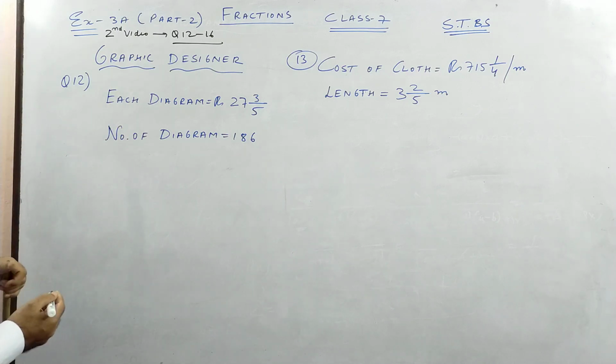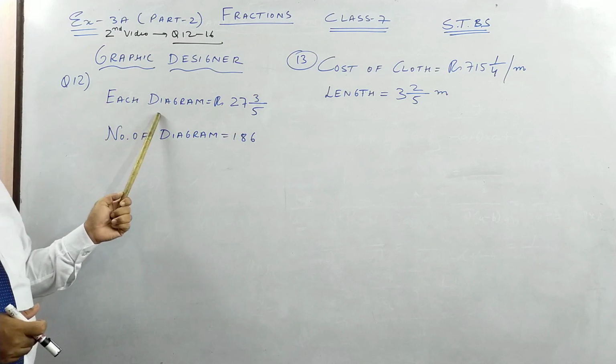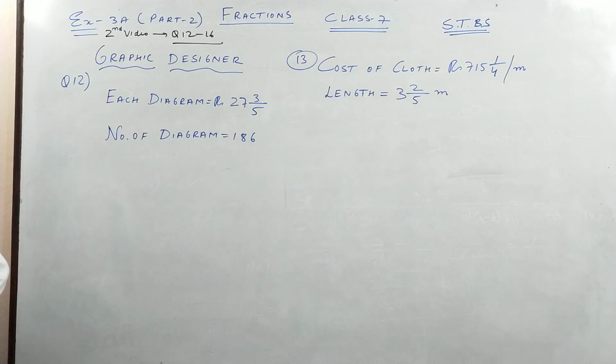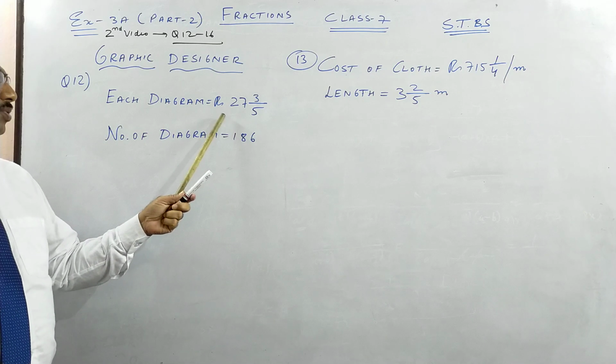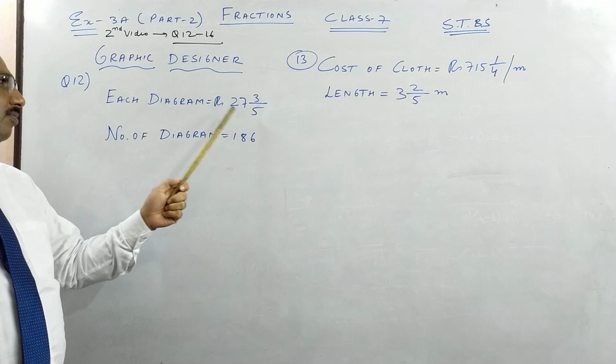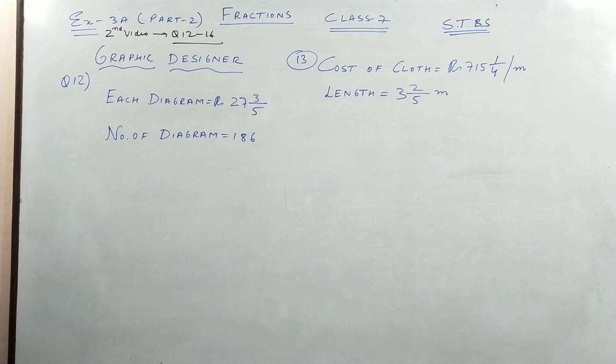First sum: a graphic designer, for each design, each diagram, takes rupees 27 3 by 5 for each diagram, and the total number of diagrams he is going to draw is 186.